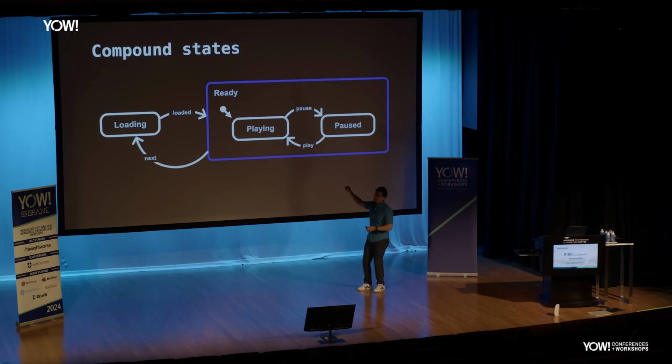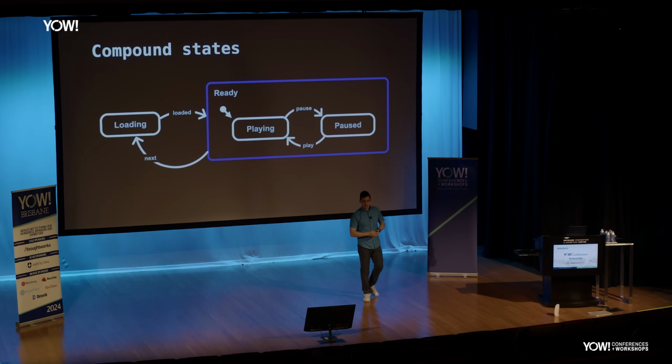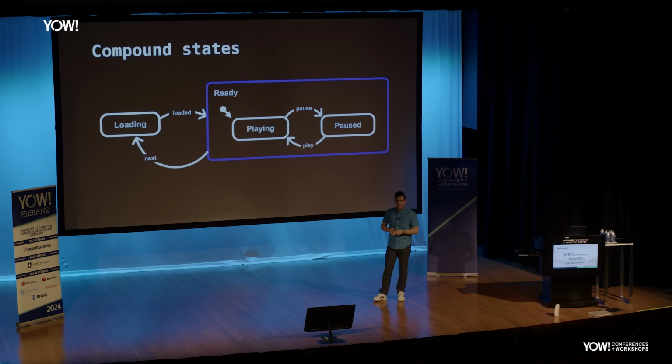No, there's not. So let's look at the parent. Is there a next transition on ready? Yes, there is. So we're going to transition to the loading state. So you could see, instead of having to draw multiple arrows from each of these states, we can just group them in one parent state and really simplify our state diagrams.